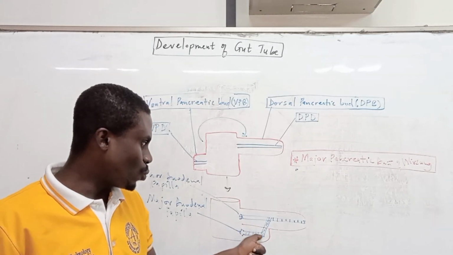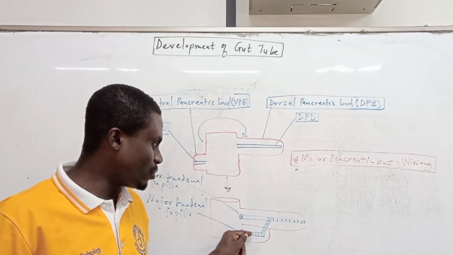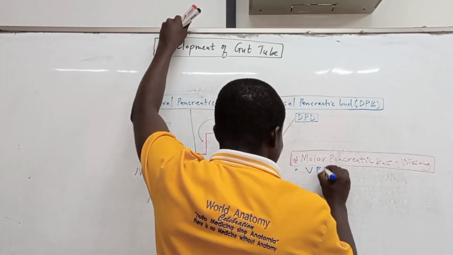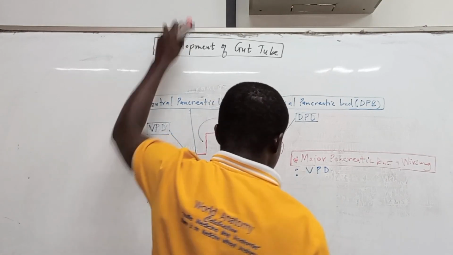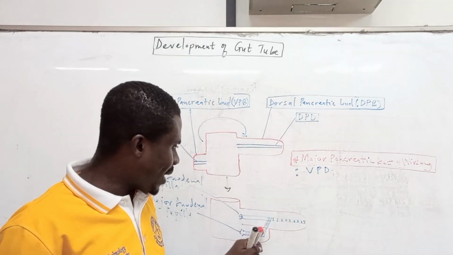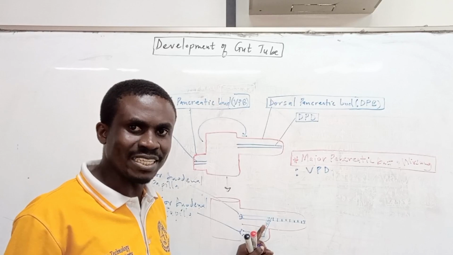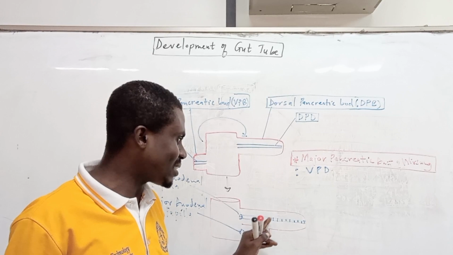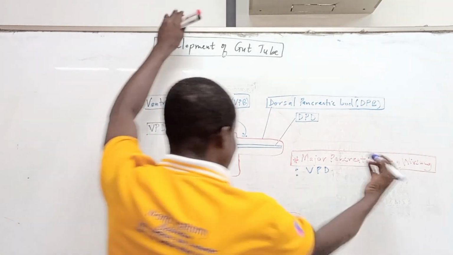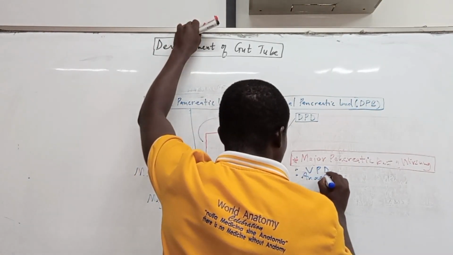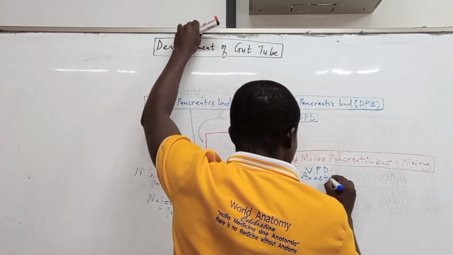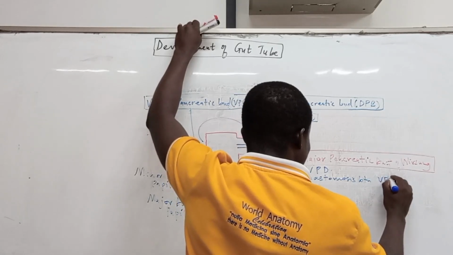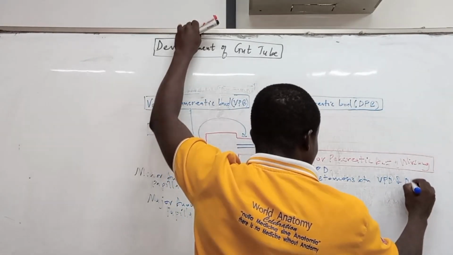What did we get? It is formed from what? The ventral pancreatic duct. Okay, so the ventral pancreatic duct is one of the formations. And then what else? Now you see that there's an anastomosis between the ventral pancreatic duct and the dorsal pancreatic duct.